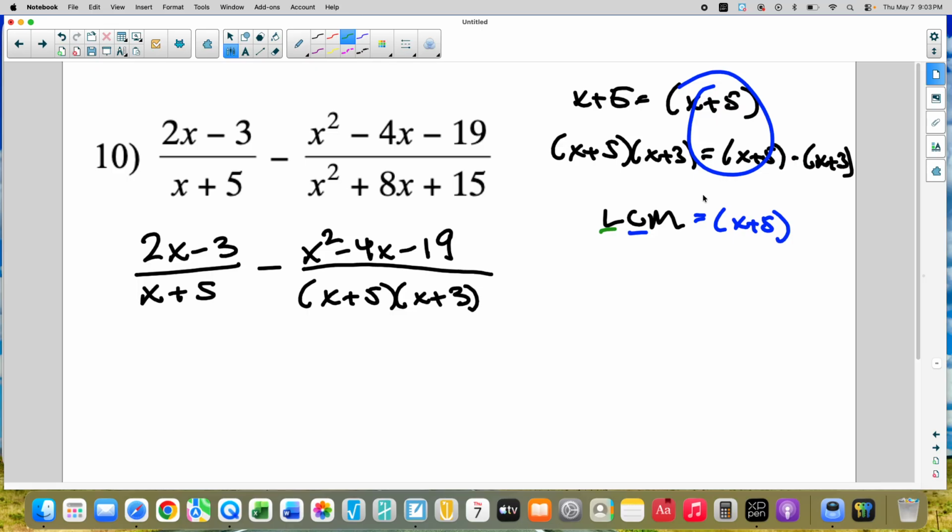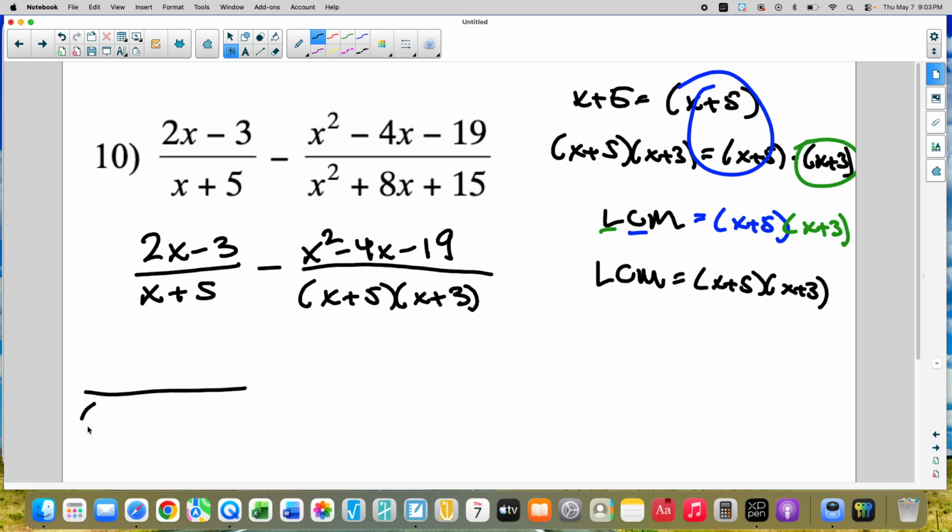What's left over? They have an x plus 3. And that's my common denominator, x plus 5, x plus 3. So let's convert both of these denominators. We're going to find equivalencies.